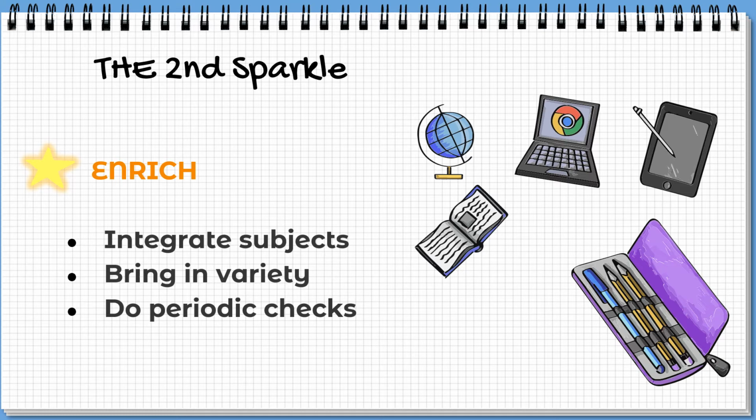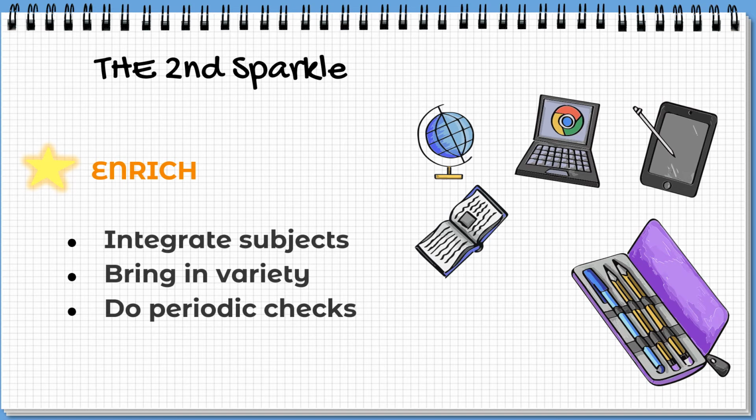Do periodic checks. Whether you are teaching them directly, synchronous teaching is happening, or whether you're sending them videos and asking them to work independently at home, do periodic checks through quizzes, through bingos, through some chat. Use different platforms to check where they are.